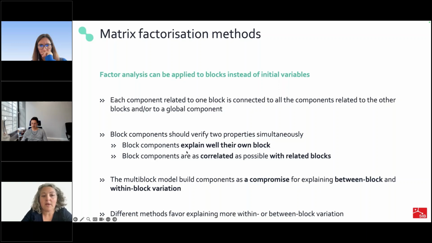The multi-block model builds components as a compromise, so the different latent variables should explain variation between the different data blocks and also inside the different data blocks. And by adjusting the weight and the algorithm, you can favor explaining more the within-block variation or the between-block variation.